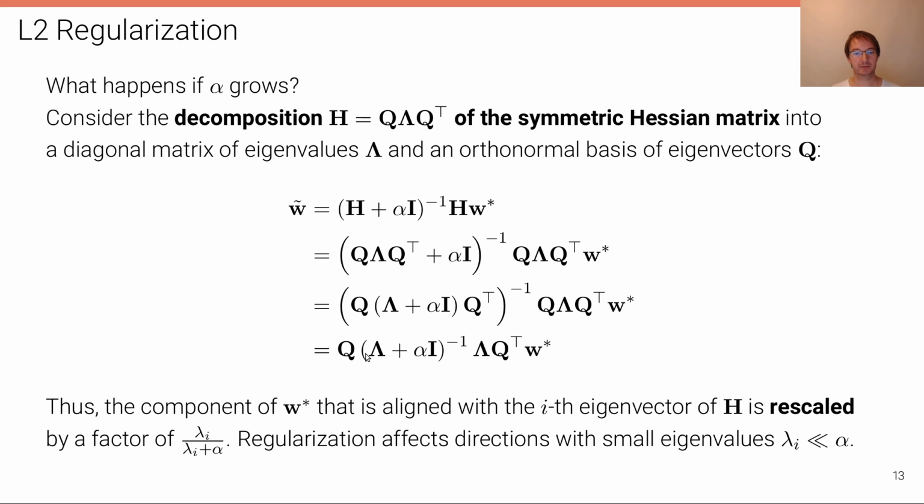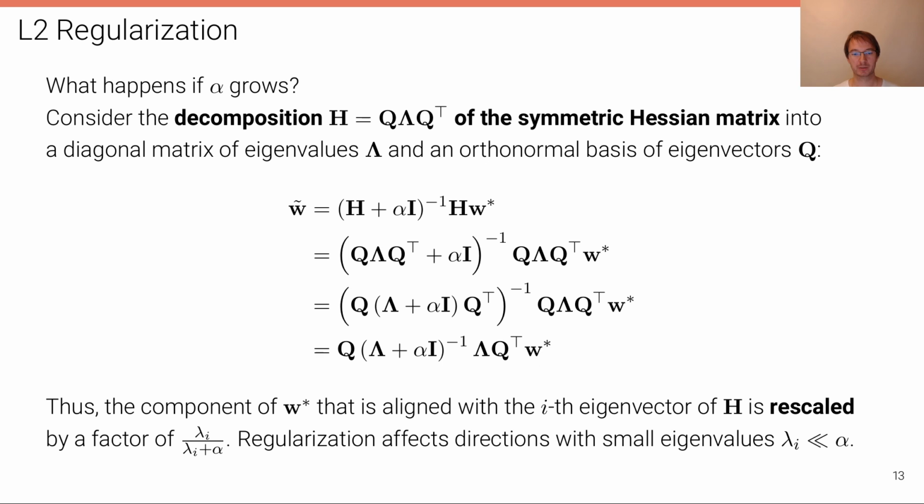And then we're applying, so this is all diagonal matrices, right? So what we have here is effectively lambda i for the ith eigenvector divided by lambda i plus alpha here. These are the elements on the diagonal of this matrix here, lambda plus alpha I inverse lambda. So we are now rescaling by this factor, and then we are rotating the vector back with Q again.